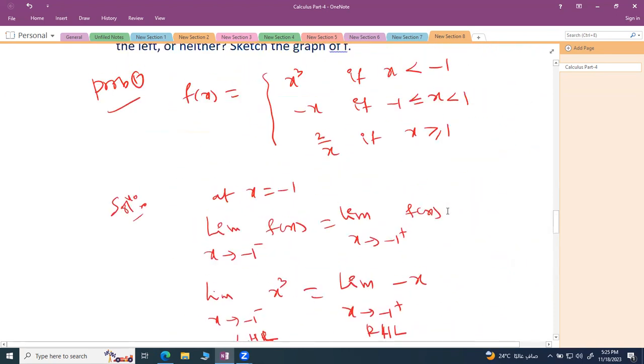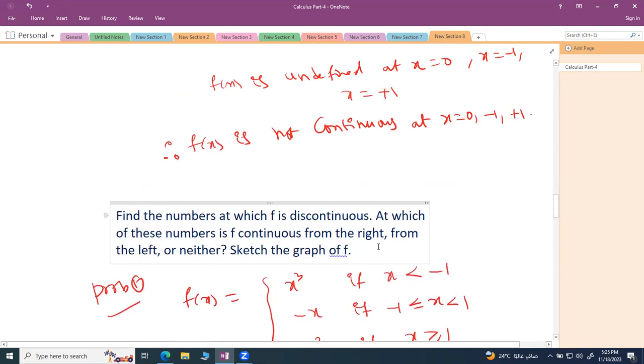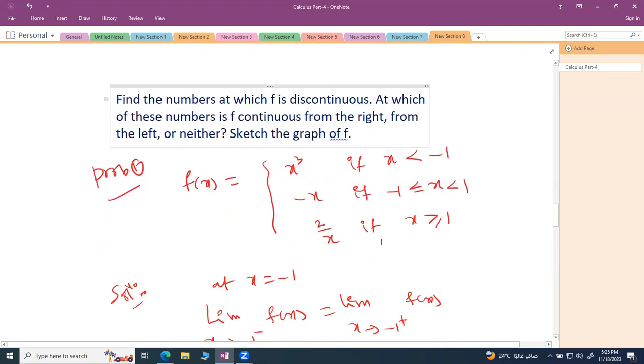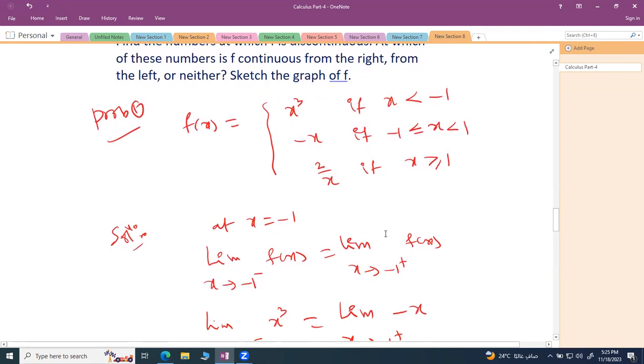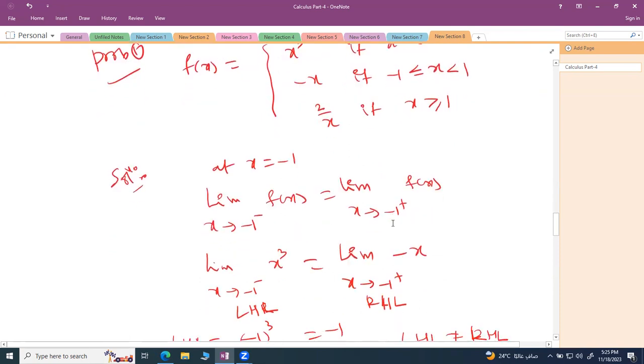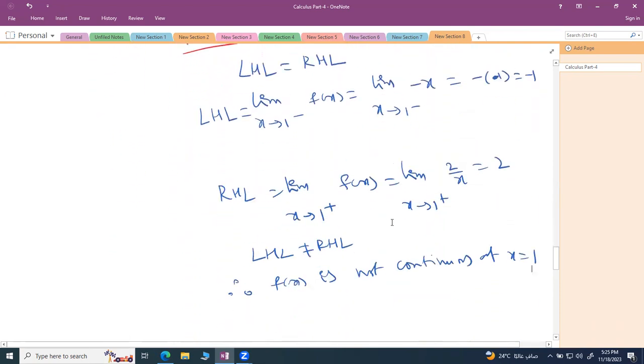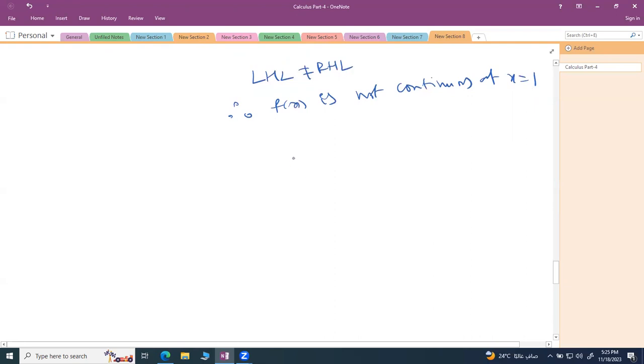From the problem, they are asking at which of these numbers f is continuous from right or left or neither. Clearly, if x is less than 1, on the left side of minus 1, f of x equal to x cube. As x goes to minus 1 minus, f of x equal to x cube.